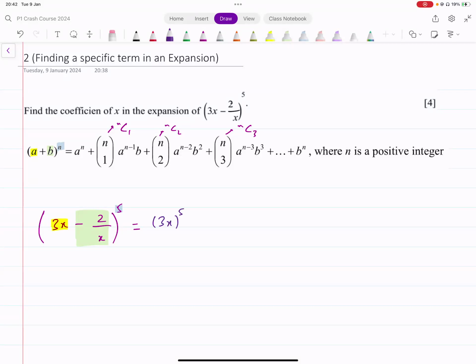Now, the idea is you're not going to do the full expansion. All you are going to do is expand up to the first 2 terms.